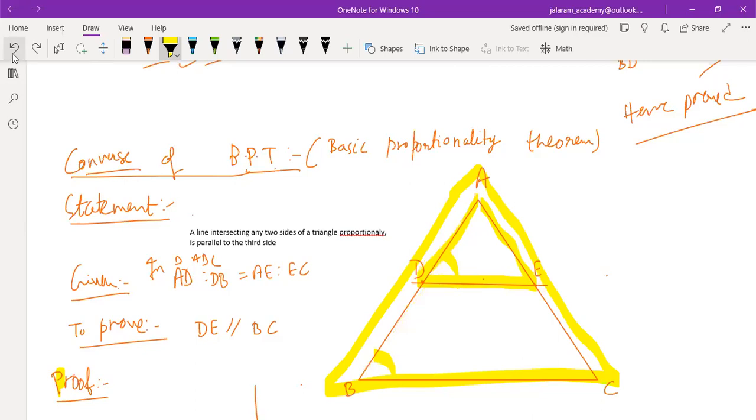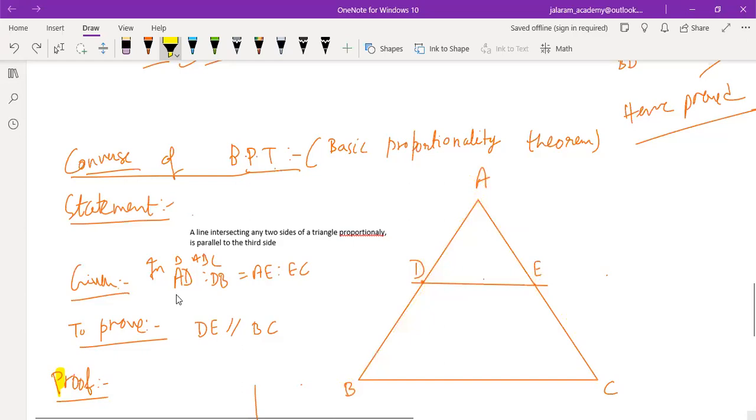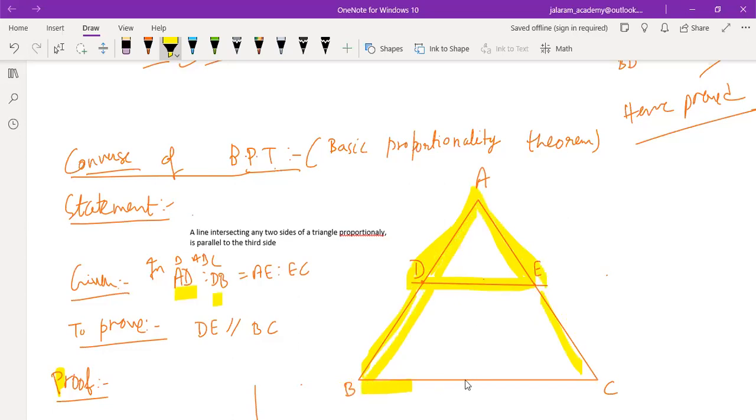So how to prove this? For this, what is given in the statement is that AD is to DB equals AE is to EC. But in triangle ADE, we observe that AD and AE are the two sides. But if we take triangle ABC, its sides are not given. But if we add AD and DB, it gives AB.